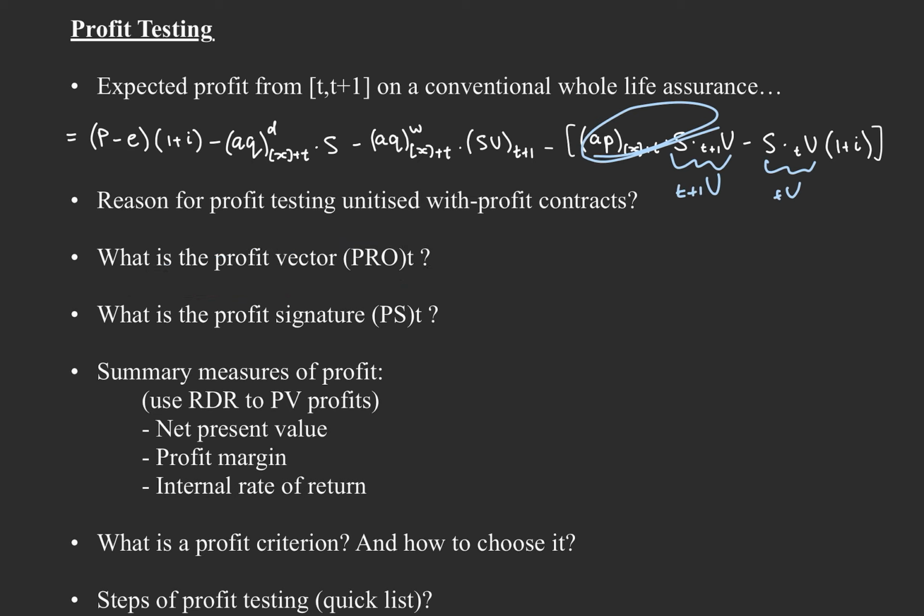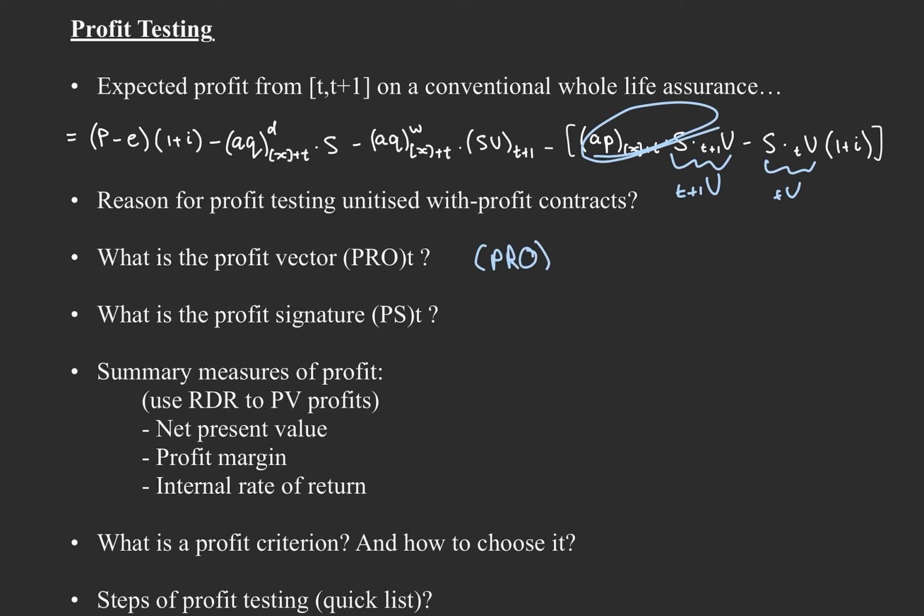Okay, so what is then the profit signature? So, okay, this profit here with this T, it's supposed to be a subscript on the right hand side. This is actually the expected profit at time T. Now, PRO there would be the profit vector.